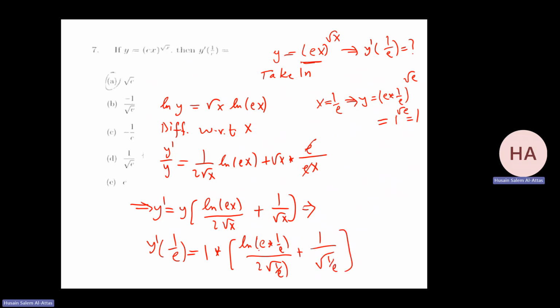This is ln 1, which is 0. So I have 0 plus 1 over (1 over root e). So the answer is root e, and that is the answer.